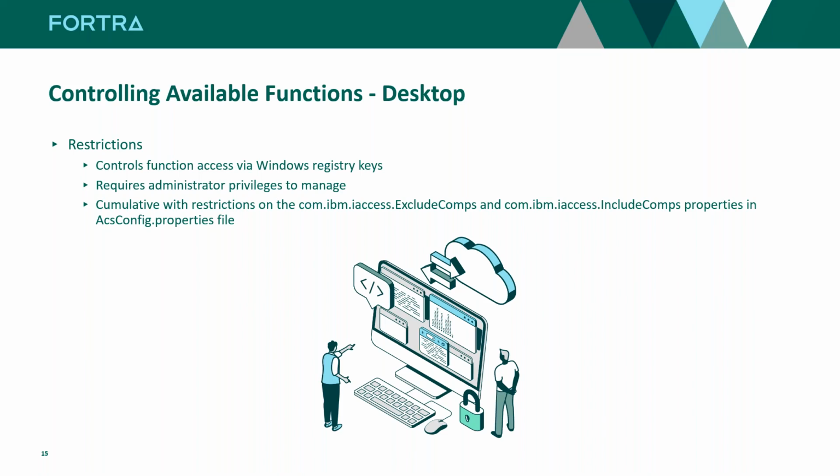It requires administrative privileges to manage, and keep in mind that it's cumulative with the exclude comps and the include comps property in the ACS config.properties file. And most of the time, I suggest that customers just not even use the controls in the ACS config.properties file, just to eliminate confusion if something is or isn't available to a user. You only have one place to go, and that's the registry, Windows registry.